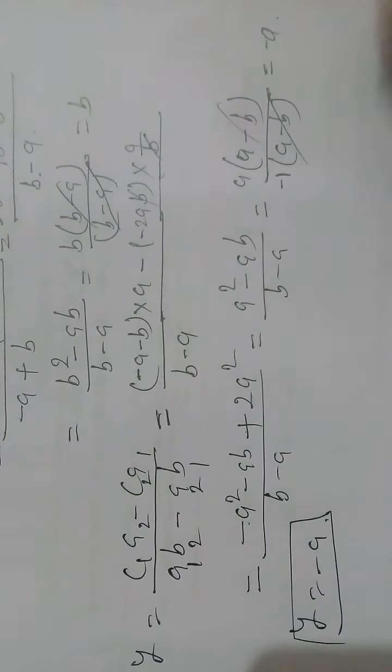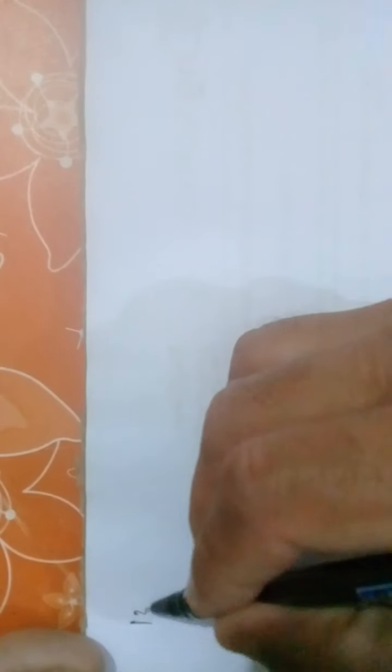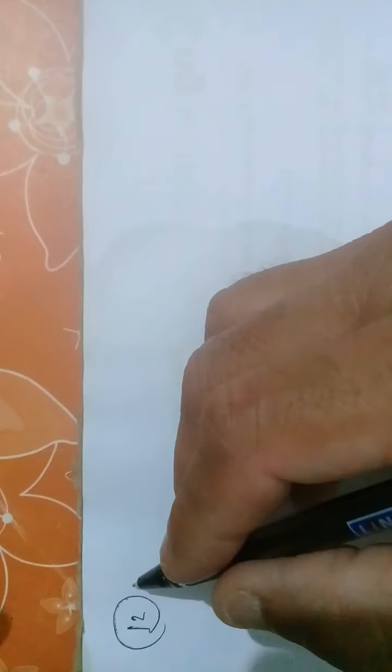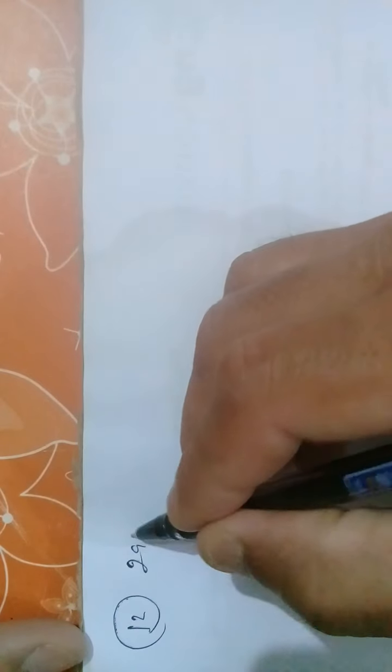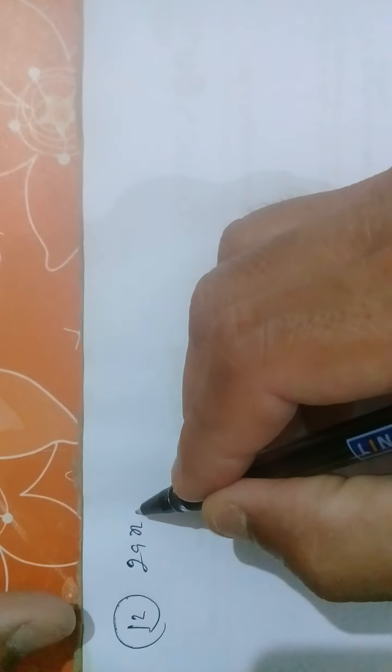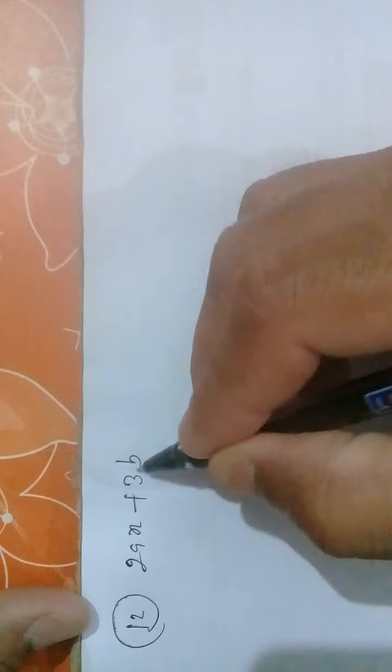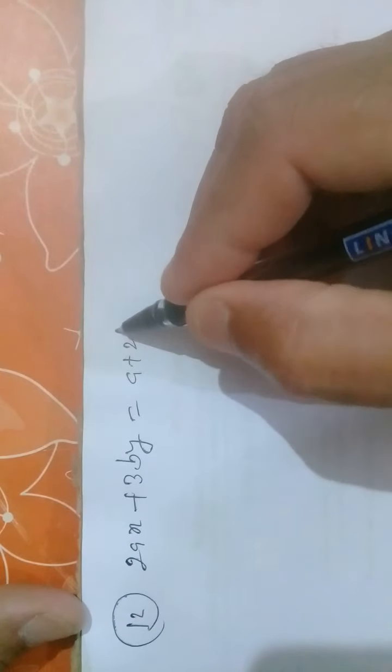In question number 12, where is 12? Question number 12. What is our question number 12? 2ax plus 3by is equal to a plus 2b.